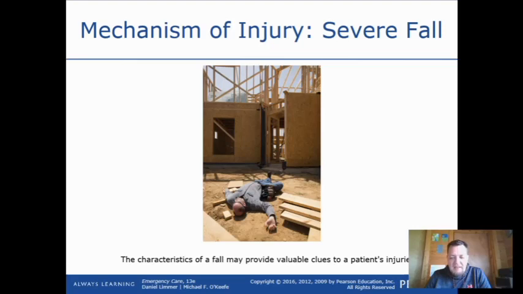With this guy, just assessing the scene and seeing how he fell, where he fell from, could give you a lot of clues as to what kind of injuries he has. If he fell from where the plywood is right there that stops, instead of just going all the way up to the frame, then probably a significant fall, but it's probably 8 foot.